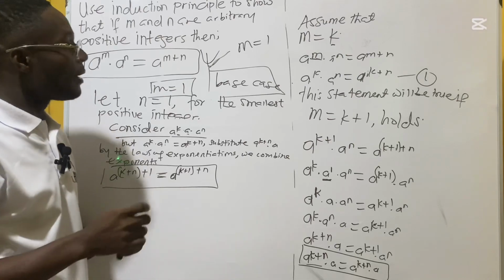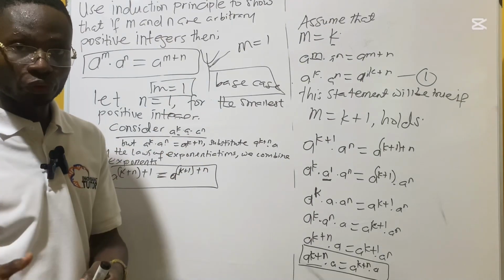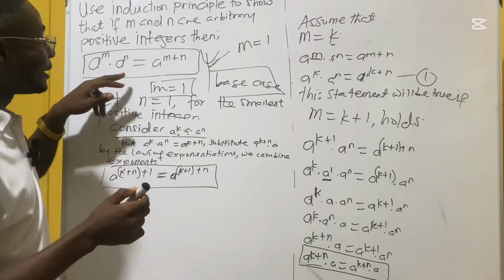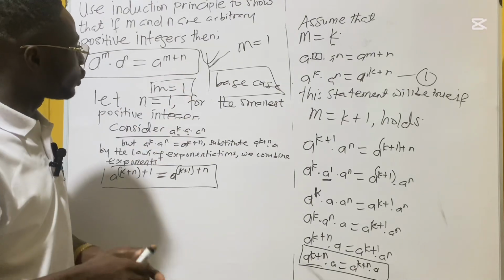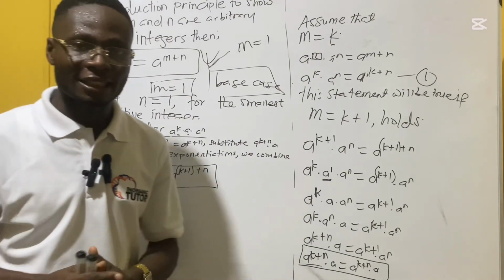Through this process, we can conclude that a^m times a^n is equal to a^(m+n). That is basically the process involved in mathematical induction.